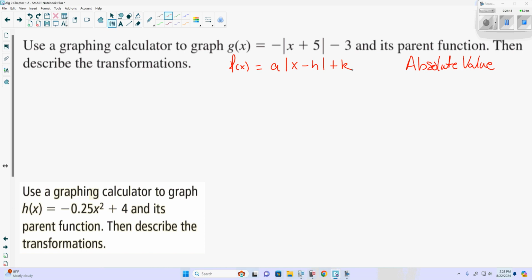Where do we want to start? Doesn't matter, y'all pick. Up, down, left, right. It's going down. So we have minus 3. So that indeed would be down 3. Because the nice thing about up and down is exactly what it looks like. Since we have minus 3, it is down 3.